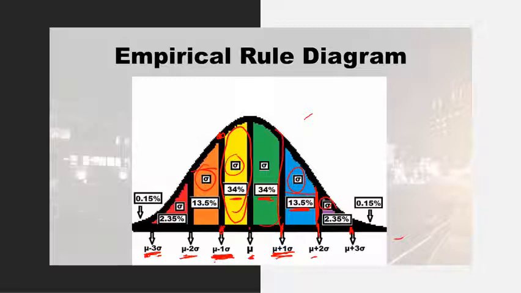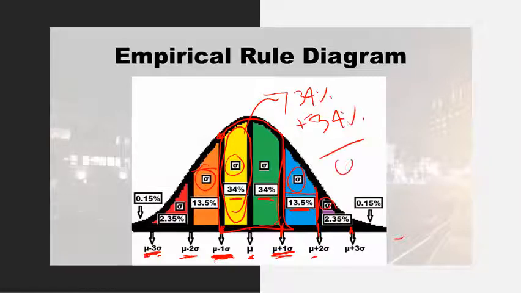That would be this entire section right here. If you look at it, that is 34% plus 34%, which equals 68%. Didn't we just see that at 1 standard deviation, that covers 68% of our data? Isn't that what we saw at the last slide? Yes, it is. That's what that means.